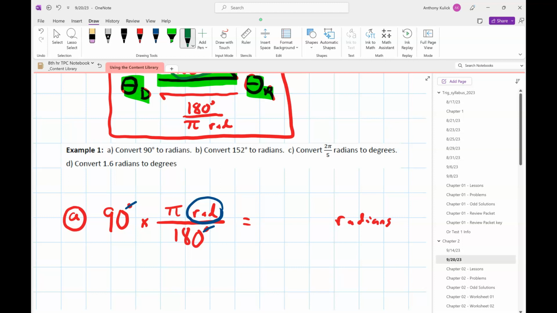What is the common divisor between 90 and 180? 90 is correct. So when I divide 90 by 90, I get 1. When I divide 180 by 90, I get 2. So what am I left with? I have 1 times pi over 2, or just pi over 2.